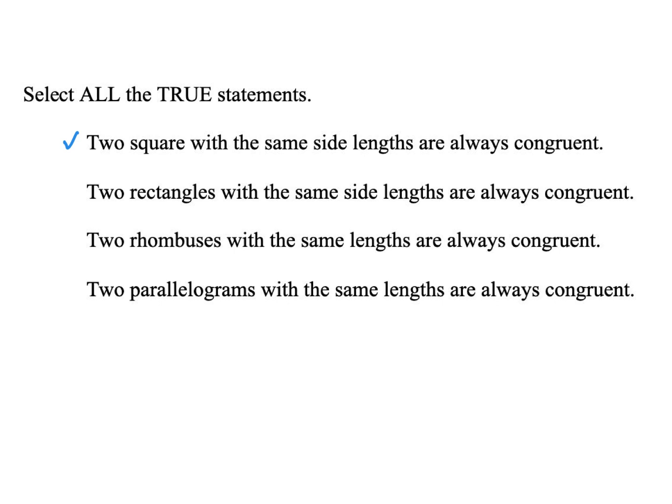Two rectangles with the same side lengths are always congruent. So I have two pictures. Like this one, I would have two squares.